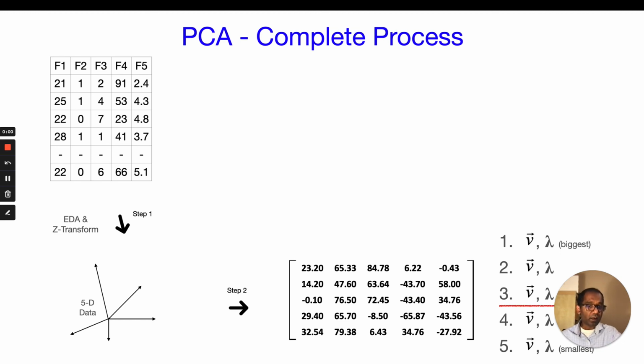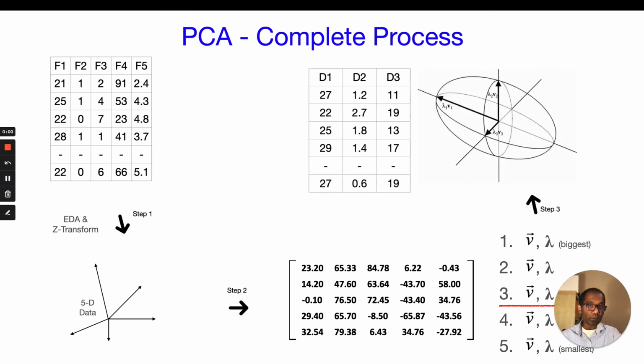That being said, I cut off after 3 and drop the 4th and 5th eigenvectors and values, and keep only the top 3. So now I have converted this 5-dimensional problem into a 3-dimensional problem. Now I can solve this problem with this graph and visually understand it, and I have 3 dimensions which I can use for my analysis.